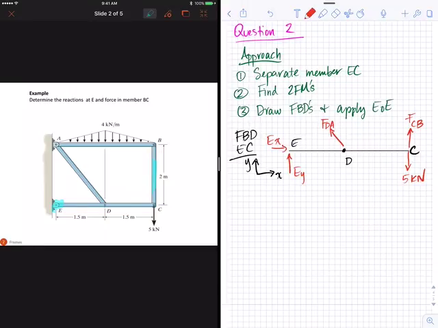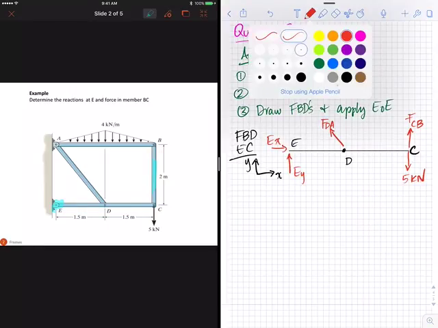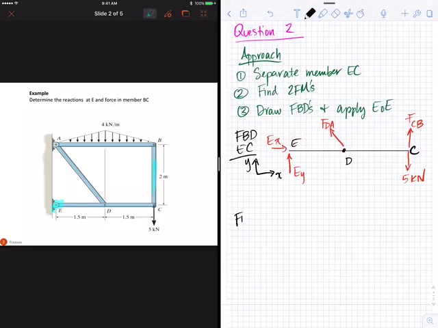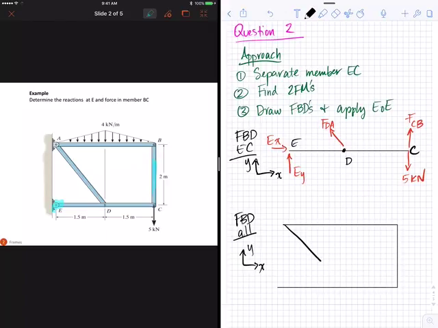What's another way? We could take a look at the free body diagram of the whole thing, right? And see if we can get through this. So let's draw a free body diagram of the whole structure. So here we have the top half, we have the side, here, and then we have A coming down roughly into the middle, right?